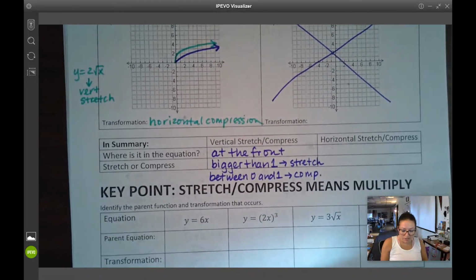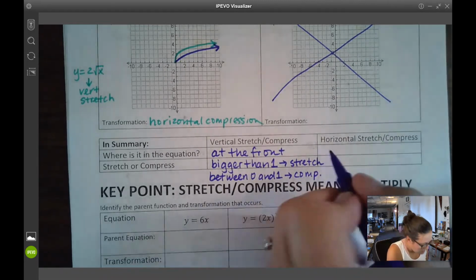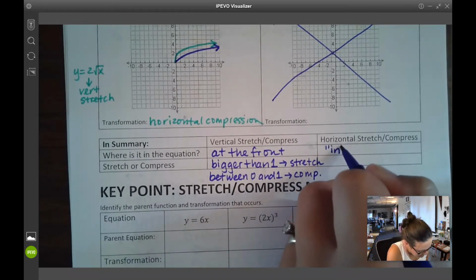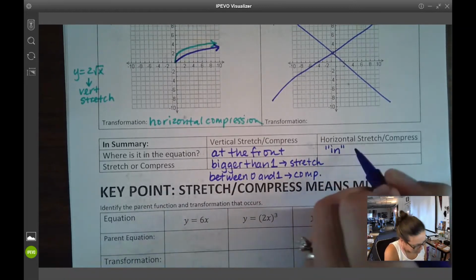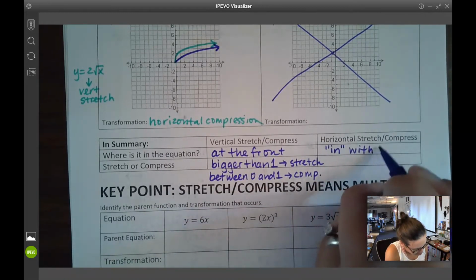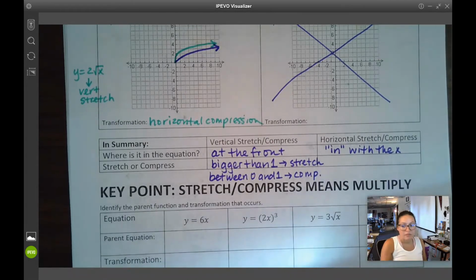And we talked about this yesterday with shifting. Anything that is in with the x, in the parentheses, in the square root, in the absolute value, anything that is in with the x, so in with the x, is going to be horizontal.